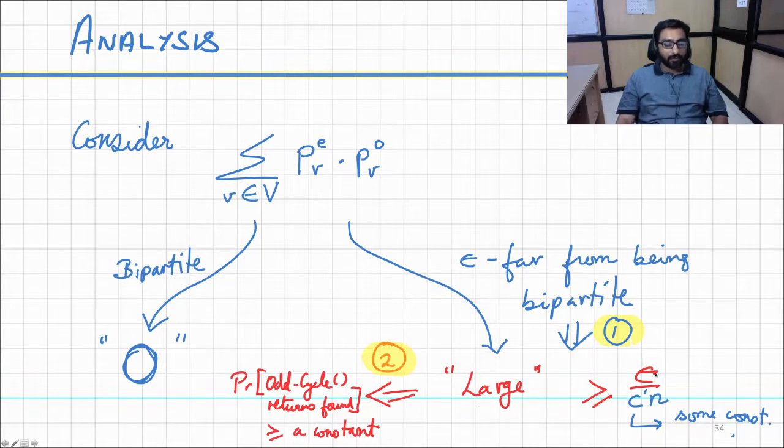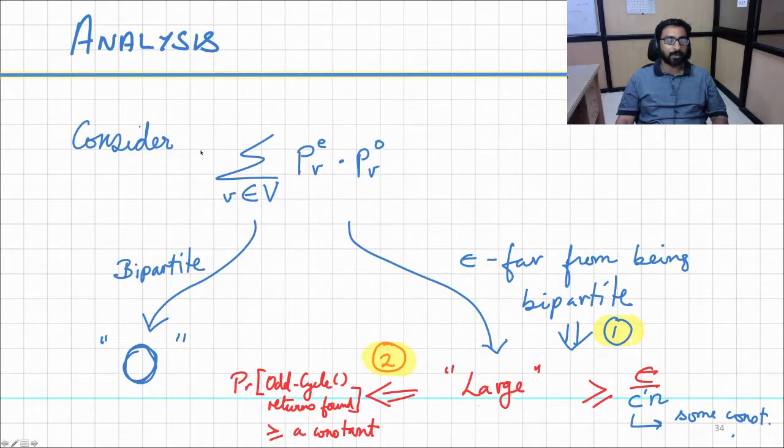Moreover, if it is large, we need to be able to say that this function odd cycle will return a found verdict with some constant probability. So let me repeat that. When the given graph is far from being bipartite, this summation starts to take a larger value.